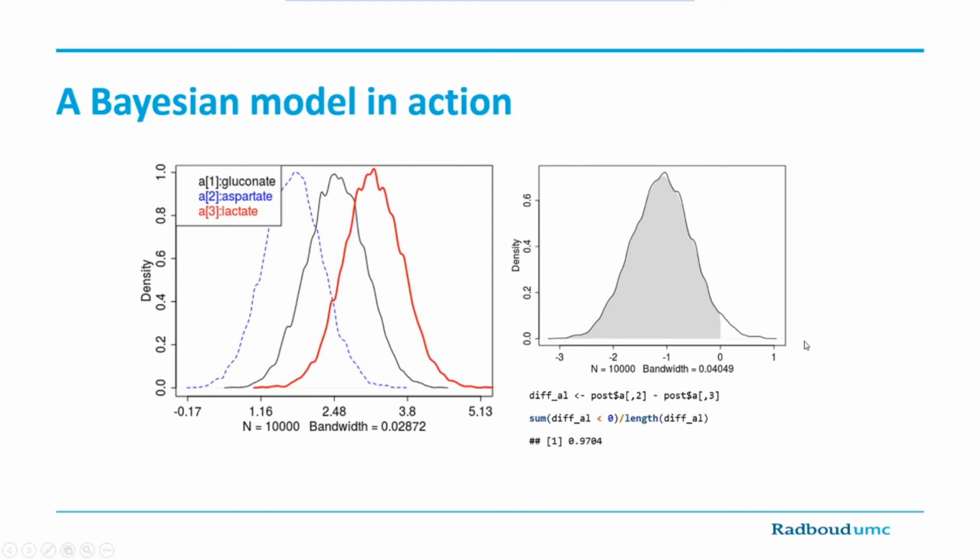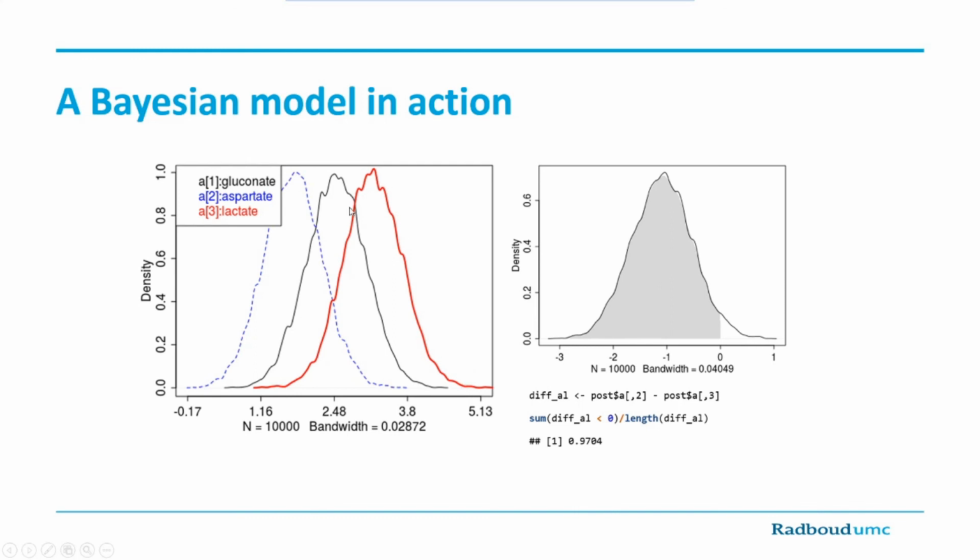Here on the right hand side, you see something that's really cool about these posteriors, because these are posteriors after we've chosen the priors, added the data, run the model. These are the posteriors. And this is something that you can do with the Bayesian posteriors, with the posterior distributions. You can subtract them from each other.